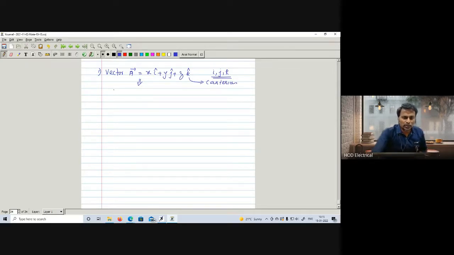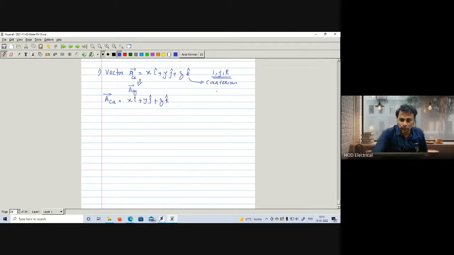We are going to convert this vector to the cylindrical coordinate system. The given values are x into i cap plus y into j cap plus z into k cap.